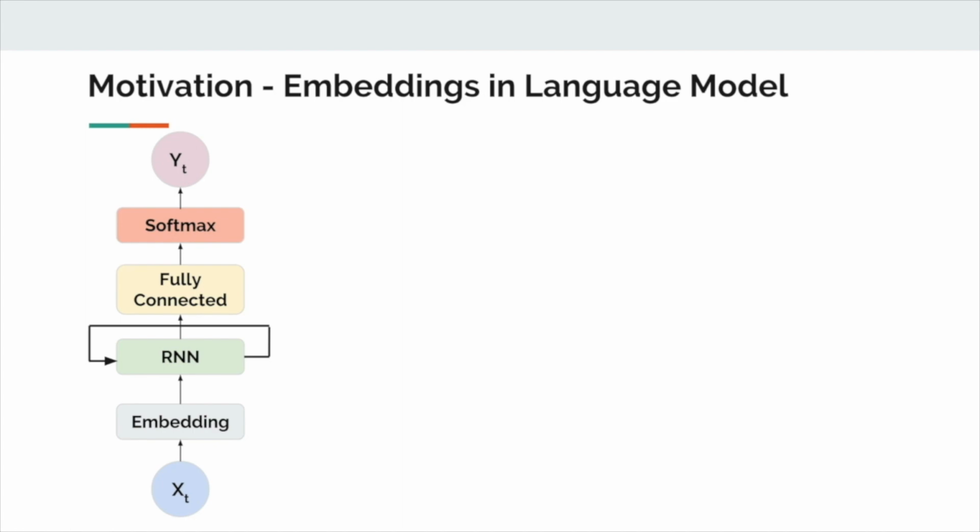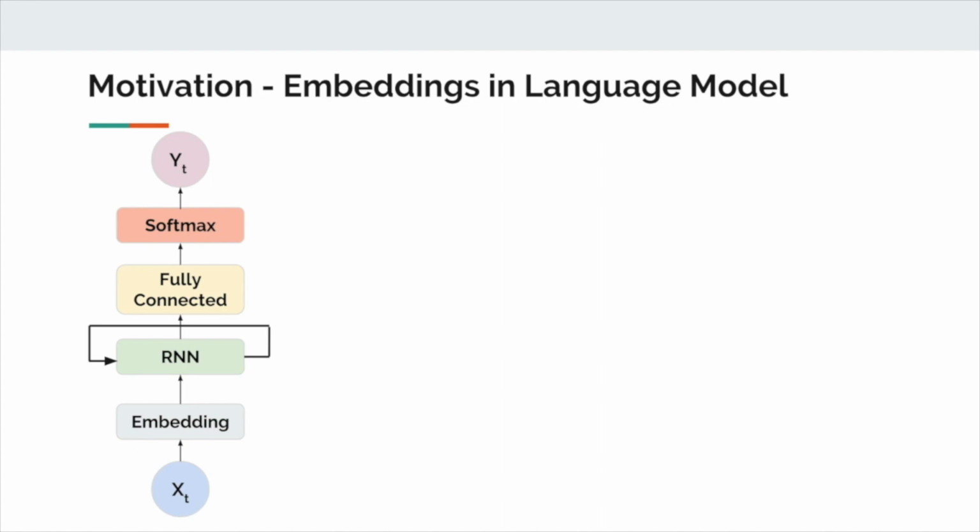What you typically do is you take the input token X, you feed it into an embedding layer so you get a vectorized representation of the word, and then you feed it into the RNN layers to capture the temporal dynamics of the sentence. After that, the output of the RNN layers is fed into the fully connected layer, followed by a softmax layer at the end to compute the probability of each word in the vocabulary.